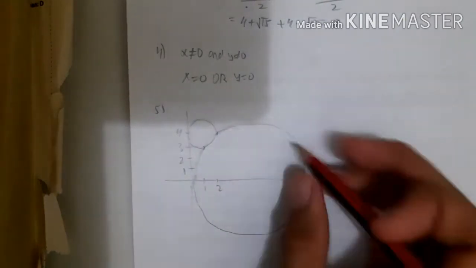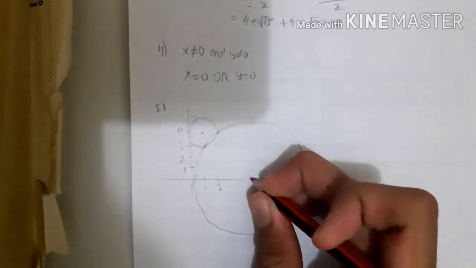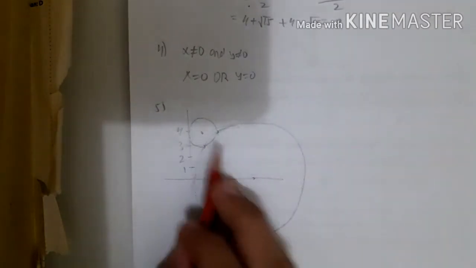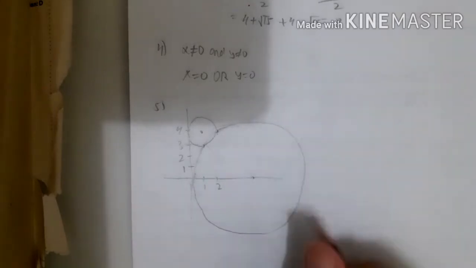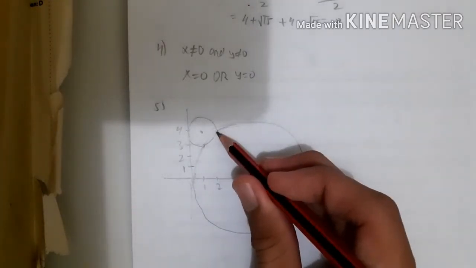So basically there are two circles, right? And the way they work is that there is a center point here. We just have to find the radius of these two circles. The way to do it is, you know that these are points (1,3) and (2,4).